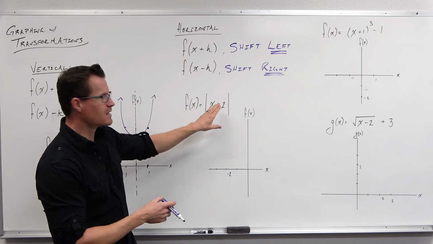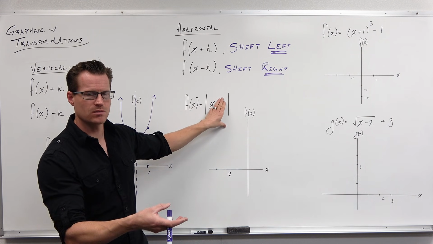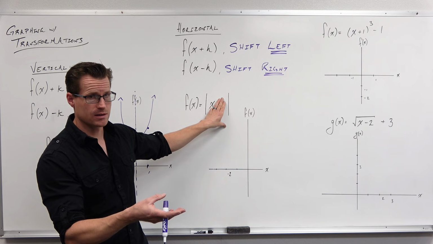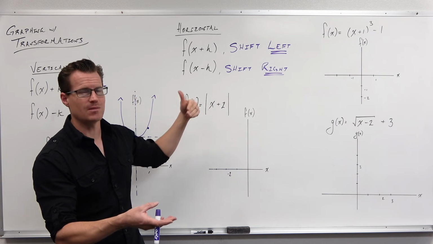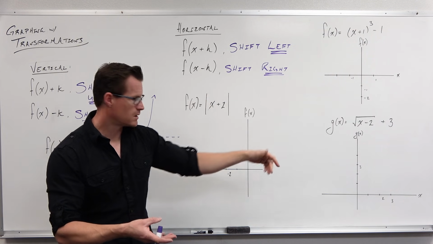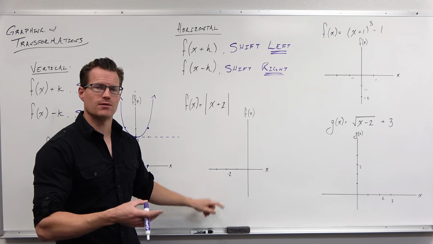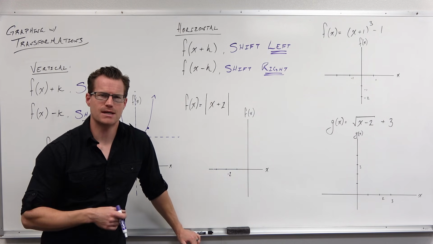I hope that makes sense. I'm going to explain it a different way in just a second. But if I want to get the height of 0, I'd plug in 0 to get out 0 here. I'd have to plug in -2 to get the height of 0, the same value that I would get out previously. Well, -2 is not to the right. -2 would be to the left. It's a shift left.